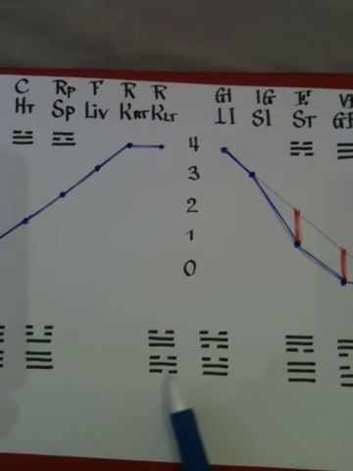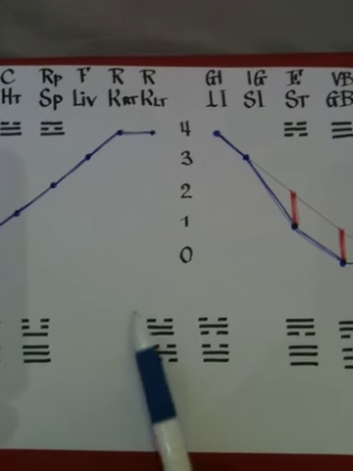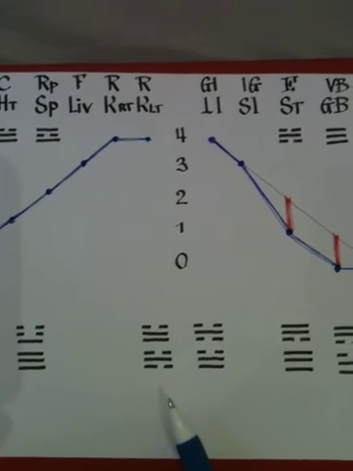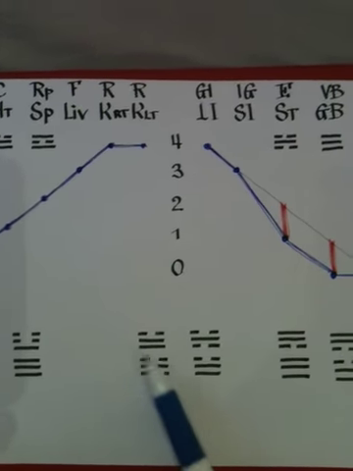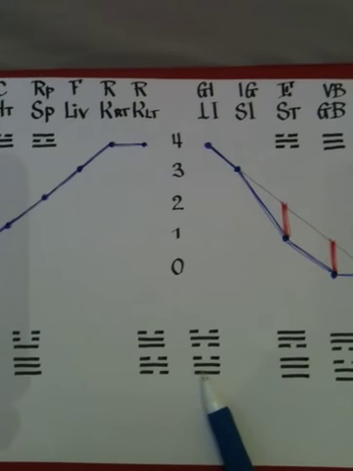To make it work in autumn, we need to change this hexagram. So how do we change it? We actually need to change the first line of the stomach meridian.